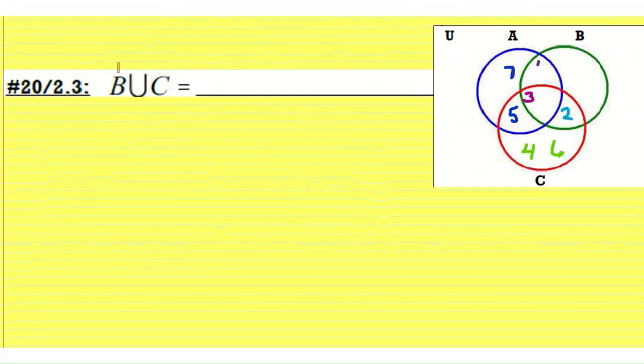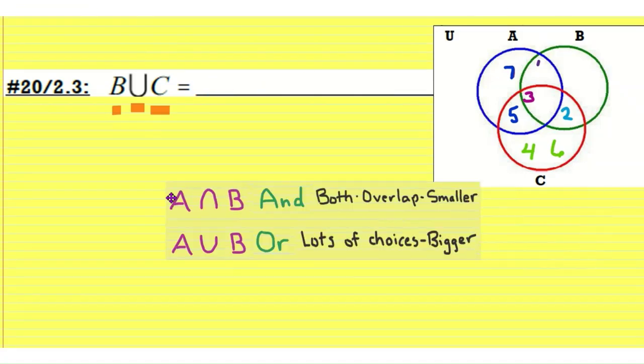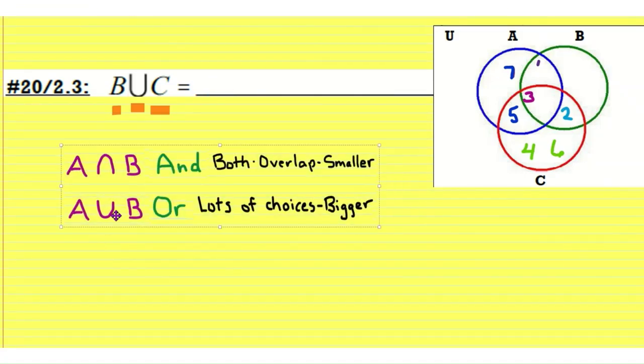Okay, the next set we're going to find is the union between set B and set C. So again, we need to consider what the union symbol means. The union symbol means or, which means lots of choices, and tends to be a bigger set.